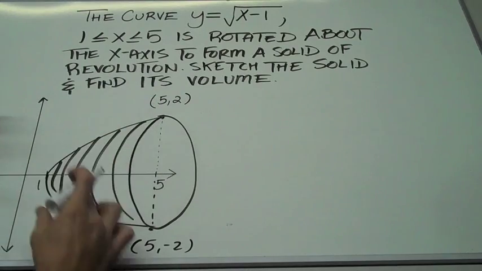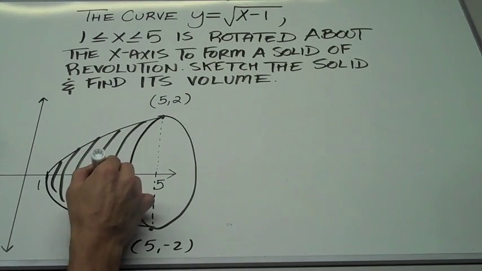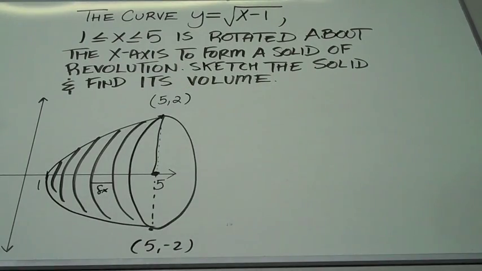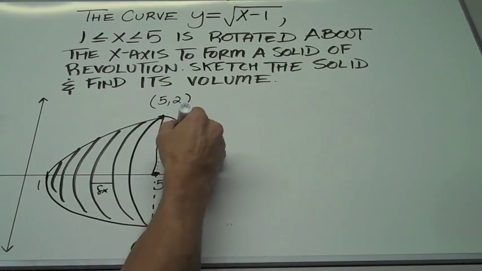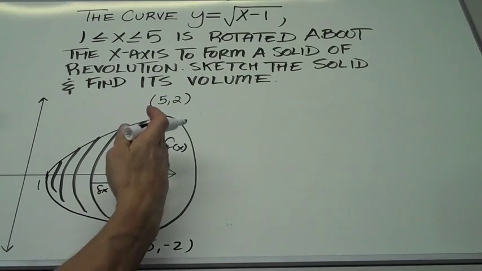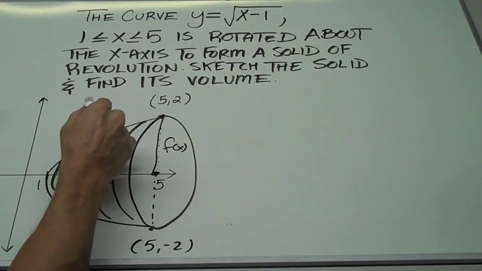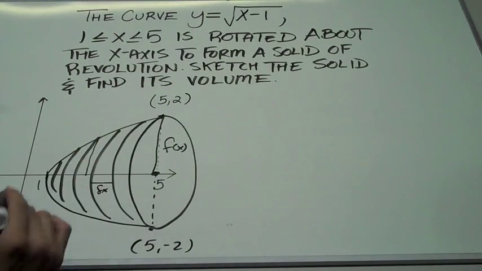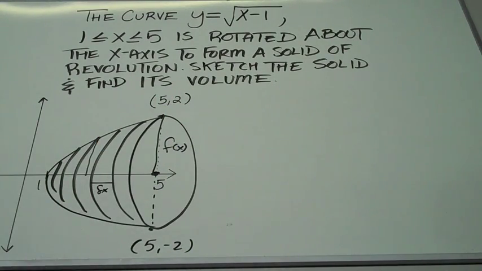Now, if I'm slicing, each one of these slices is dx, and each of these radii is f of x. Notice, the radius changes as the x value changes. Here, my radius is a lot smaller than it was there. The radius changes. It is f of x, the function value at each x value.